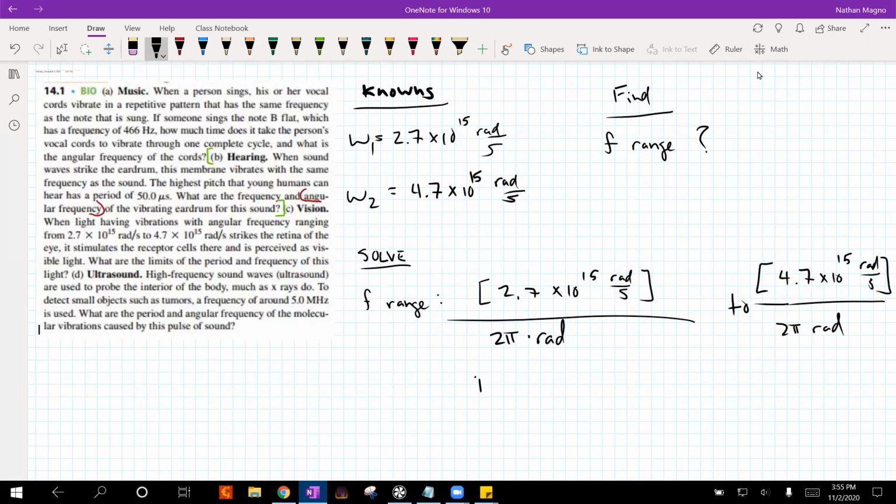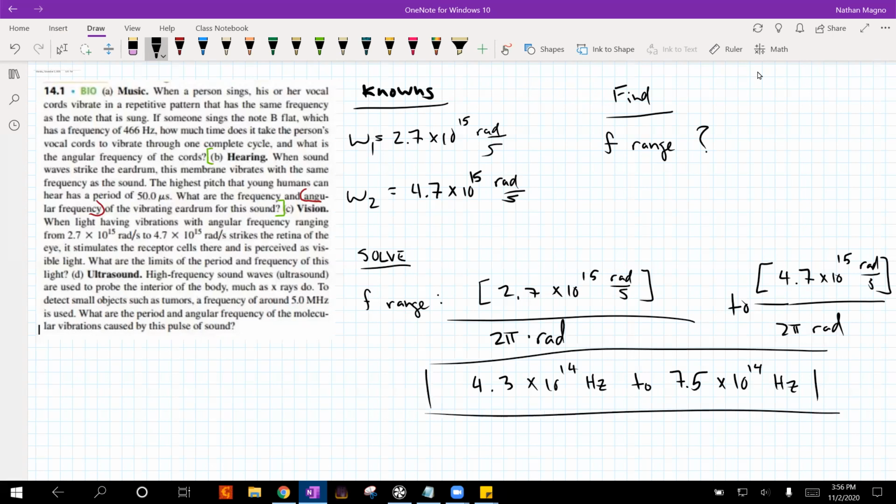Plugging this into your calculator, you will get 4.3 times 10 to the 14 hertz to 7.5 times 10 to the 14 hertz. So that's our f range, or our frequency range.